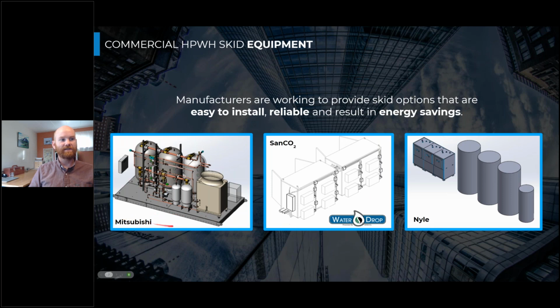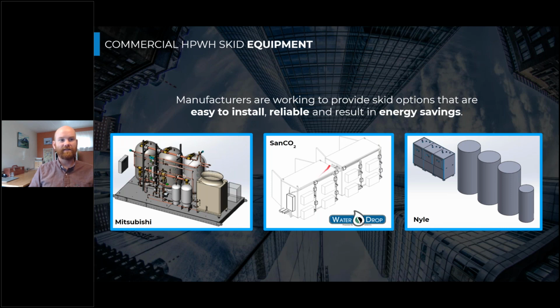And so we see Mitsubishi has a skid known as the Origin, and that's using a Mitsubishi heat pump and a handful of storage tanks and an electric resistance water heater configured as a swing tank. Sanco2 also is producing the WaterDrop. Small Planet Supply is leading this effort.